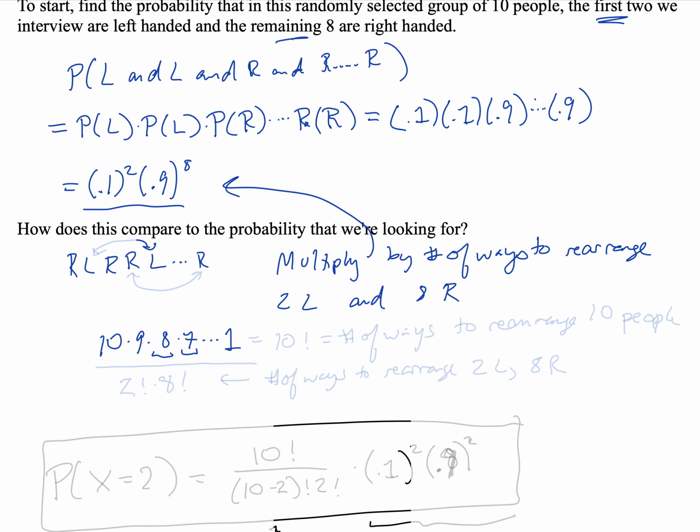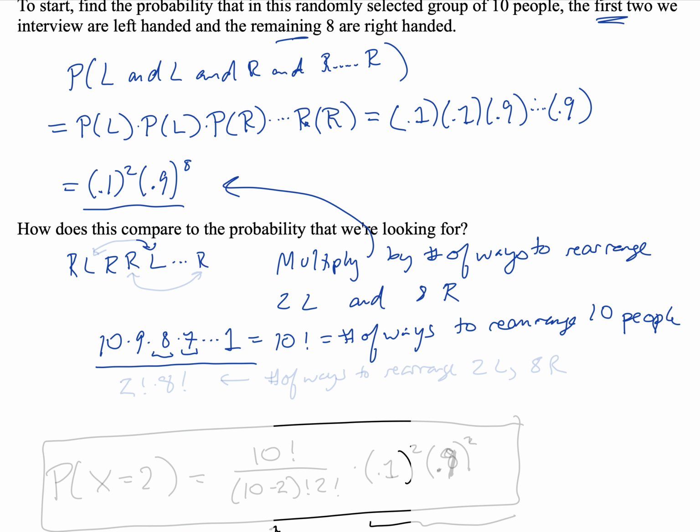So 10 factorial is the number of ways to rearrange 10 people. But we don't actually care about the total number of ways to rearrange all 10 people. We only care about the number of ways to rearrange them only with respect to, are they right-handed or left-handed? That's all we care about.